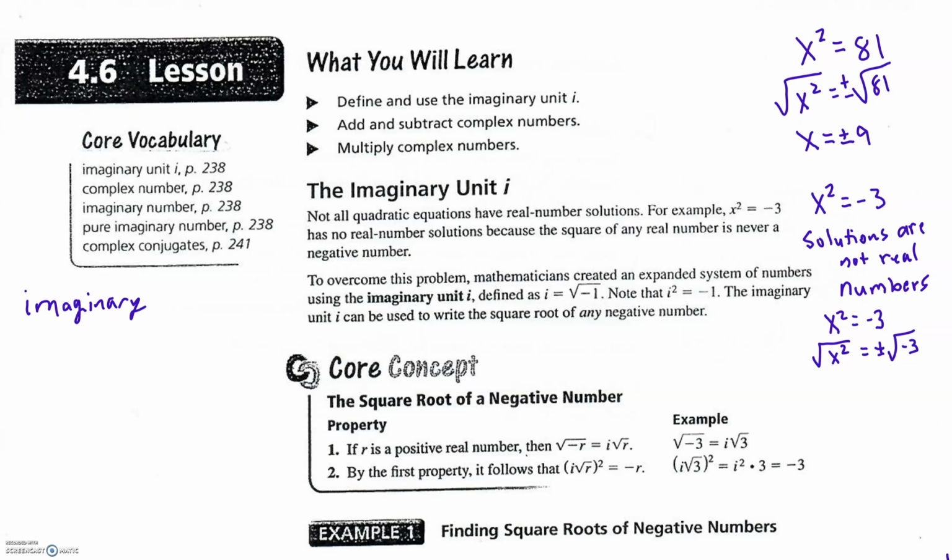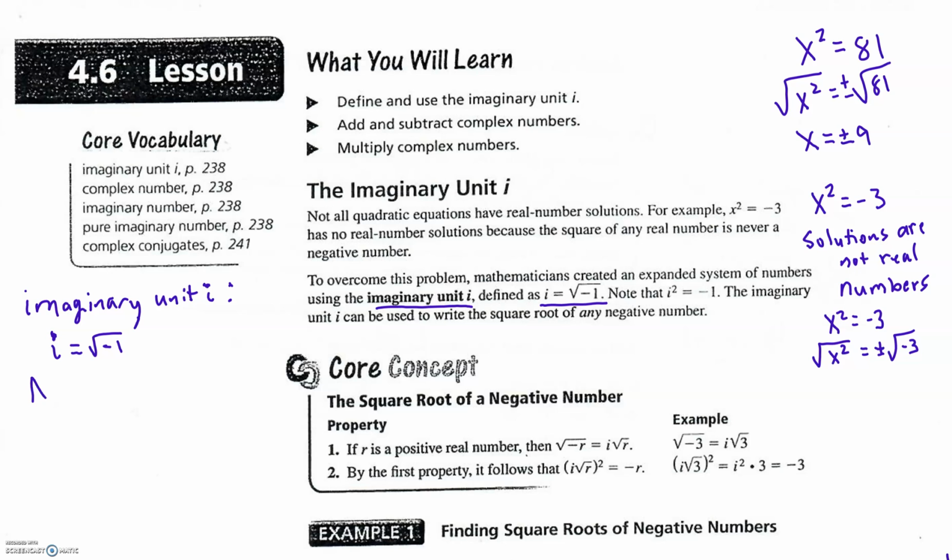Imaginary unit i. And if you have the note packet, you can just underline the important things or highlight them somehow. But the imaginary unit i is defined as the square root of negative 1, and it is not a real number.